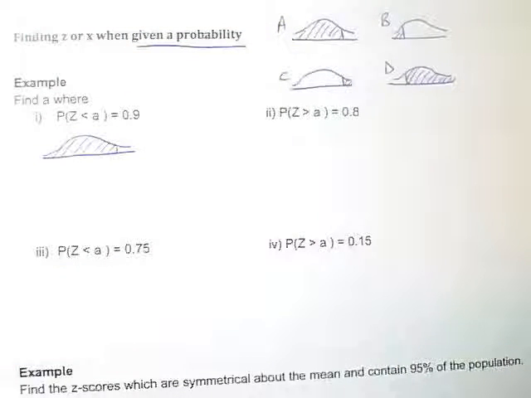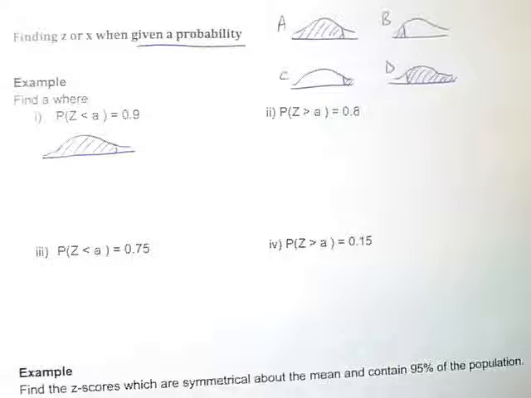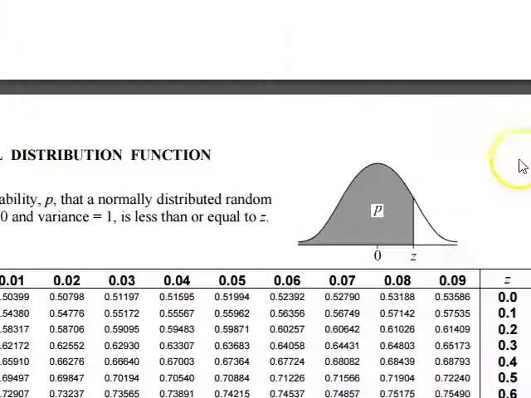Although you won't be using the tables, just having a crafty look at page 24 of the formula book, which has the table on, can get you clear about what's going on. This is the diagram you get at the top of your page in the formula book. You don't need to use the tables, but it shows you that we're always dealing with a z value, and P is always the area to the left of that.